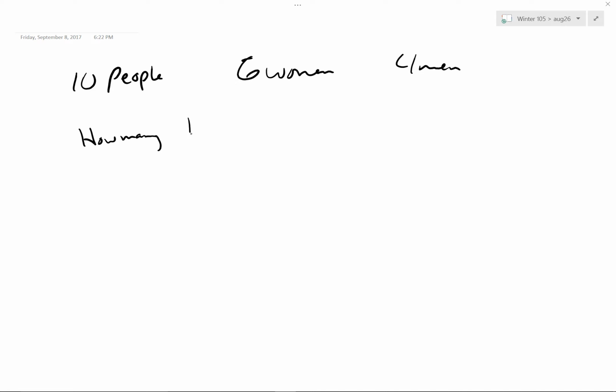You could do it something like this. You know, there's 10 people in the room. There's 6 women, 4 men. You could ask this question: how many different 3-person committees can you make?